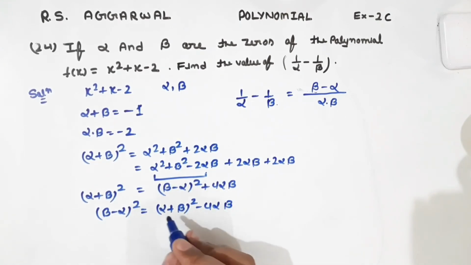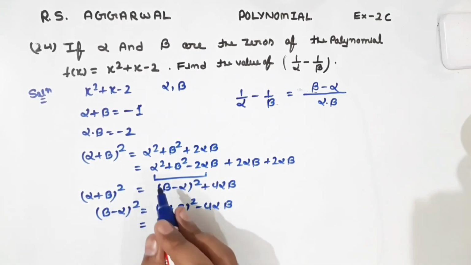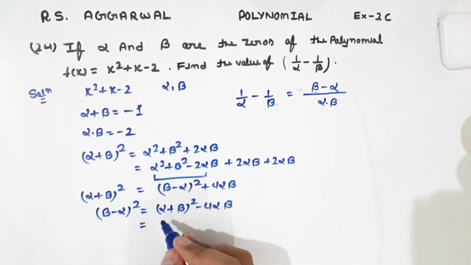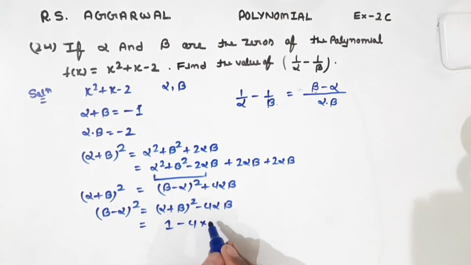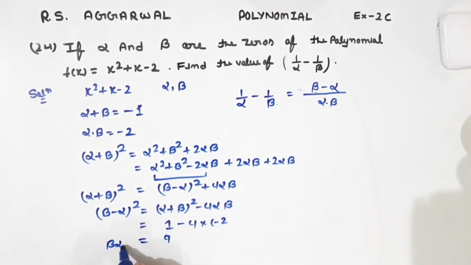Now putting the value, alpha plus beta is minus 1, so alpha plus beta square will be equal to 1 minus 4 into alpha beta, which is minus 2, so this will be equal to 9. So beta minus alpha whole square will be equal to 9.